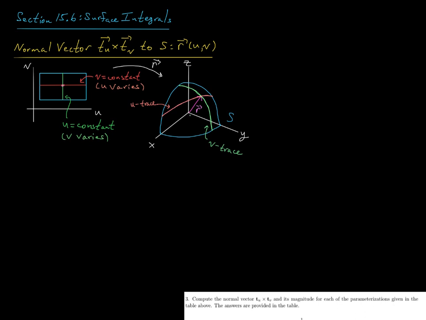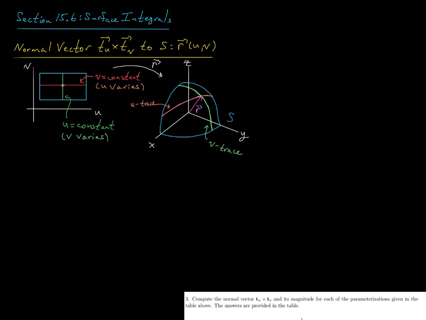Okay, and so now let's say I am at this point right here and I increase u a little bit. So I move a little bit to the right along this red horizontal line. Okay, what's going to happen to my position vector? Well, the position vector's head is just going to move along this red u trace.